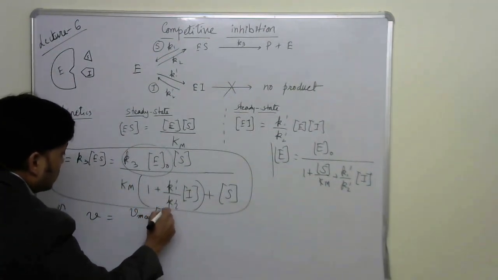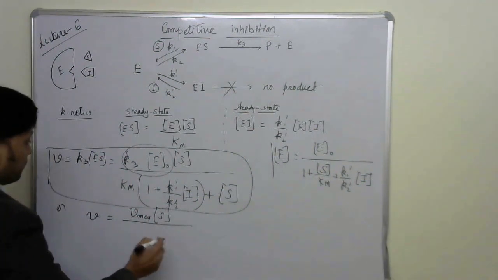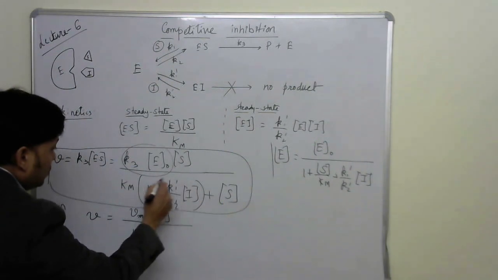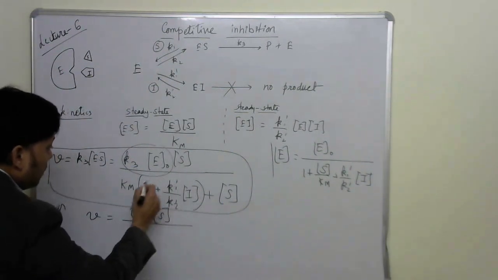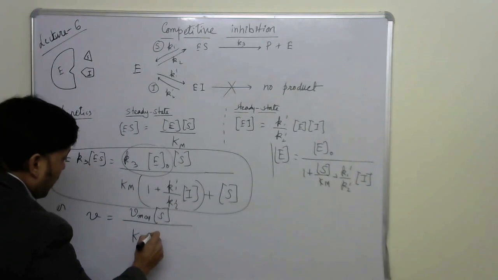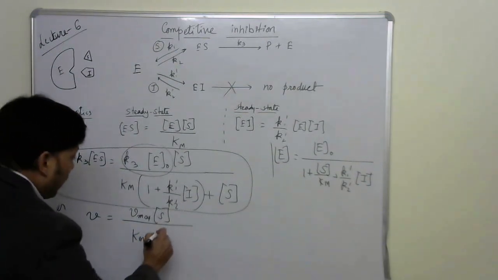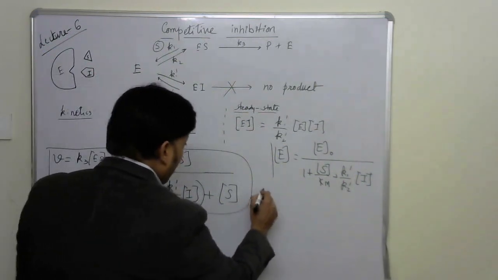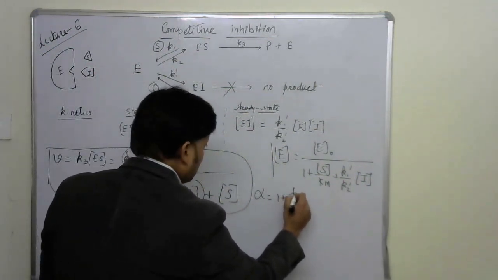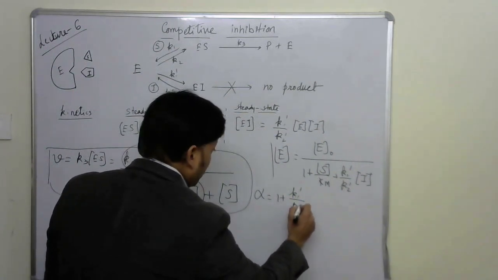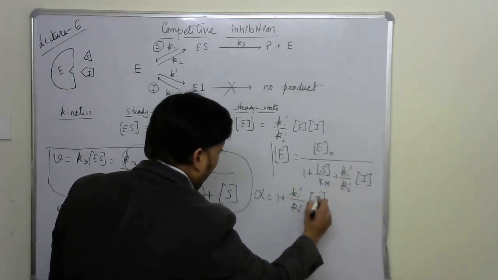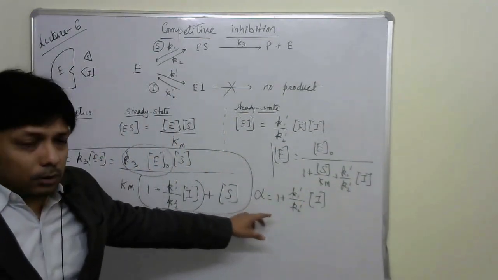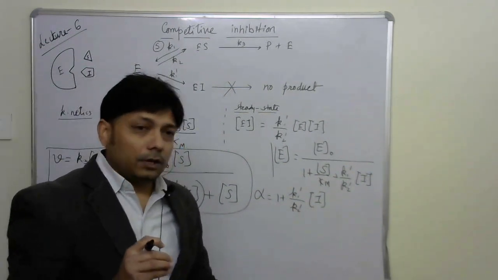So this is Vmax, the unchanged maximal velocity, divided by Km, and we denote this entire expression as some variable alpha, plus S. Okay, so here we define alpha is equal to 1 plus K1 prime divided by K2 prime multiplied by I. So this alpha, we call it a variable because alpha contains the inhibitor concentration.